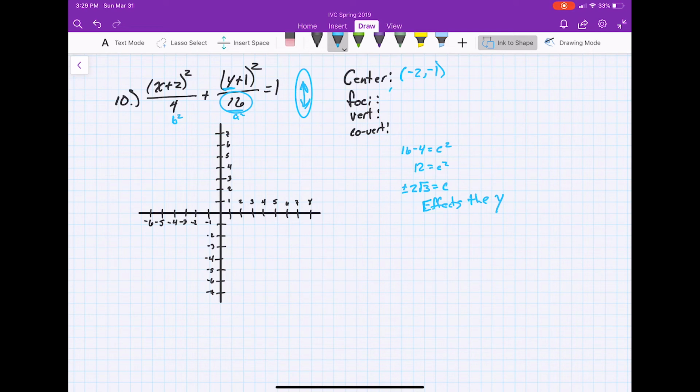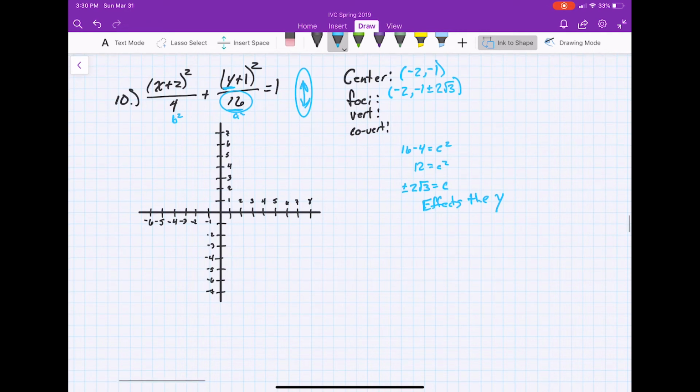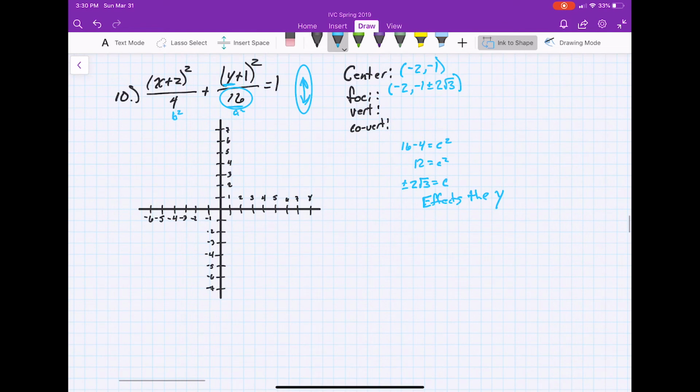So that's what's going to happen with our foci. We have -2, -1 plus or minus 2 square root of 3. It's important to know if it's a vertical or horizontal oval so you know which one, either the x value or the y value, is what you're going to use this c, what we found c to be, for.